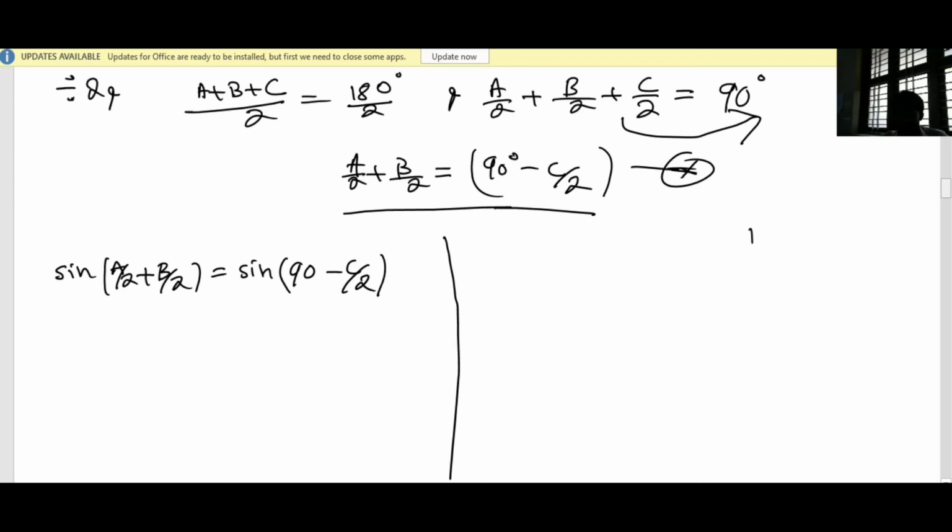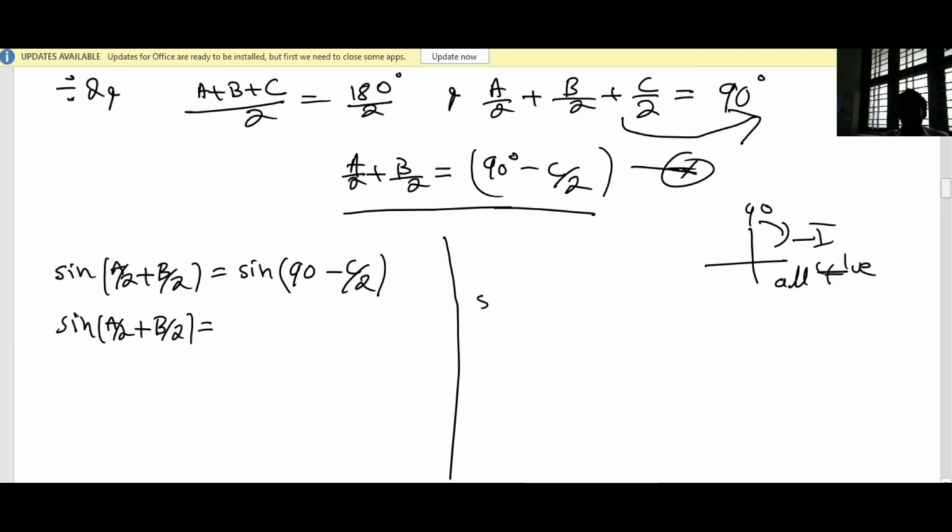Observe the quadrants. Here 90 minus theta is the first quadrant. We know in the first quadrant all trigonometric functions are positive, right? But sine of 90 minus theta, by allied angle property, sine function will change to cos theta, plus cos theta because in the first quadrant all functions are positive, but the function changes to co-function.